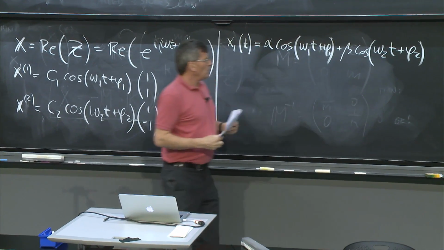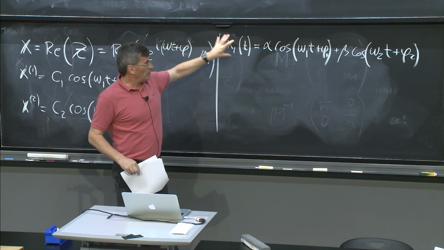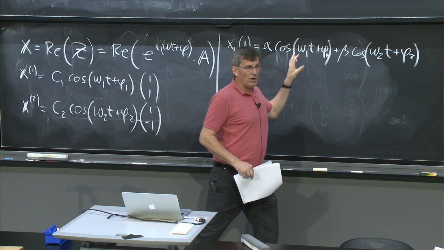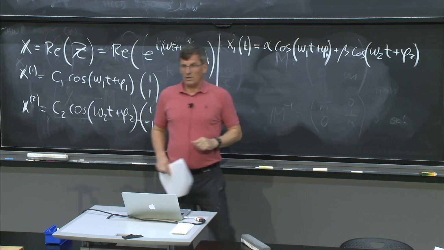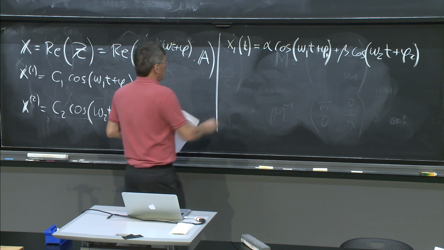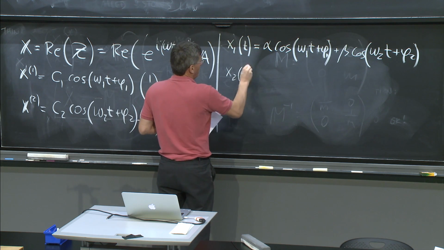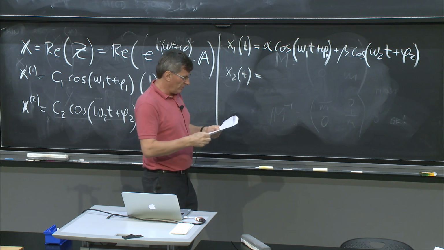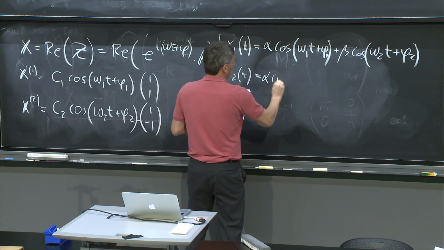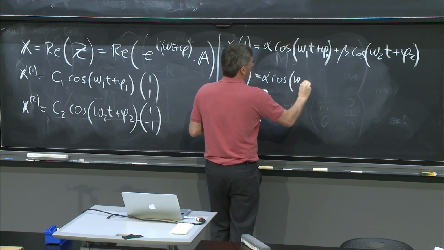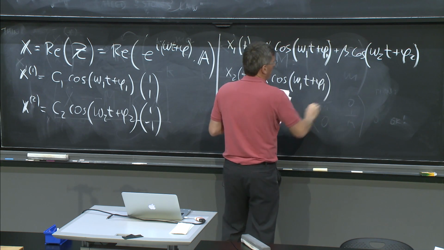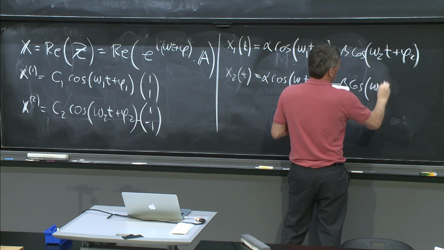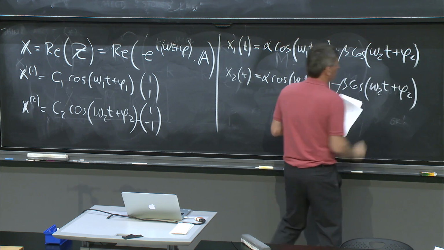So this is the position of mass 1, in general a superposition of the two possible oscillations. Position of mass 2 will be very similar, but there will be a very important difference between them. It will be alpha cosine omega 1 t plus phi 1 minus beta cosine omega 2 t plus phi 2.